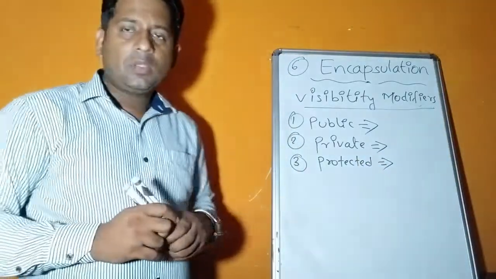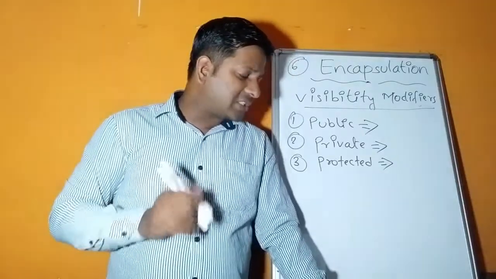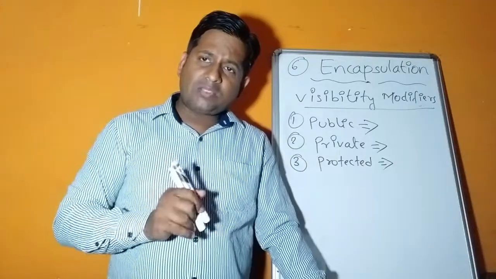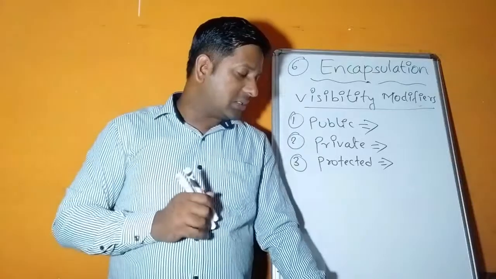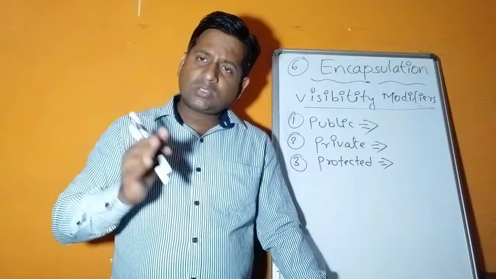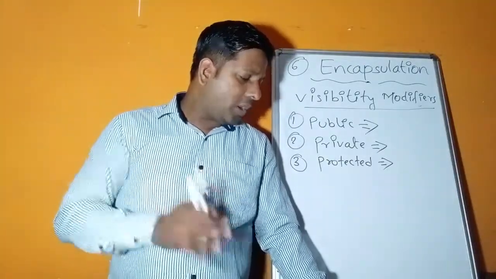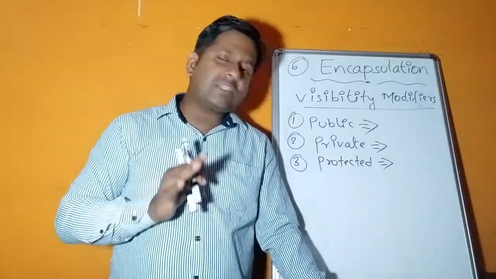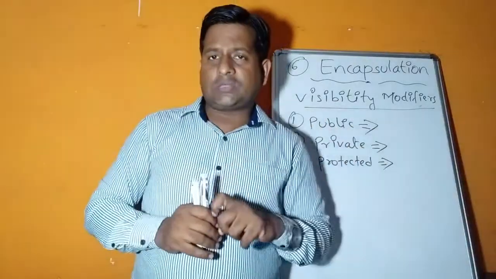Third we have protected. The member is accessible by any subclasses or other classes in the same package or any other package. This is normally used with inherited classes. That means protected is used with inheritance.